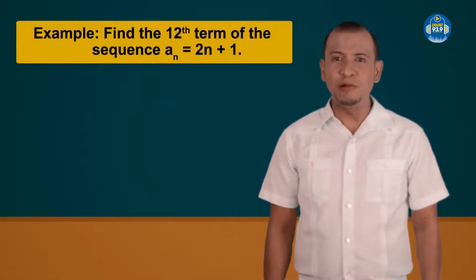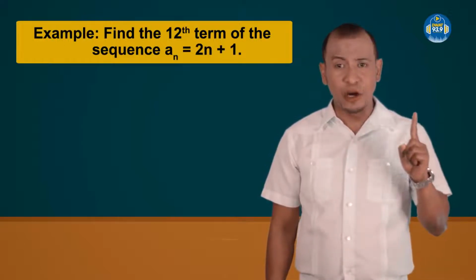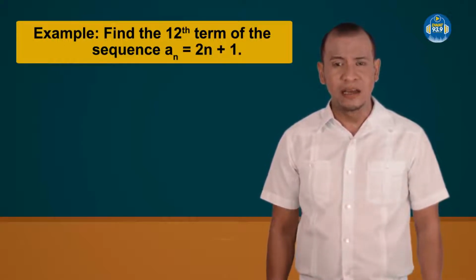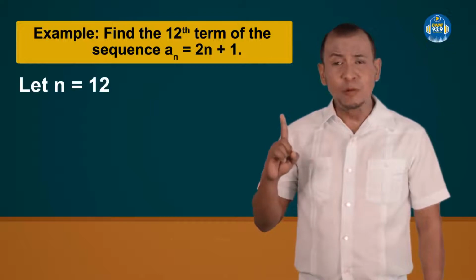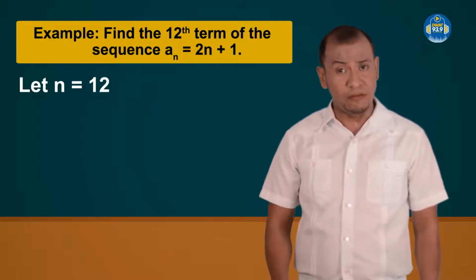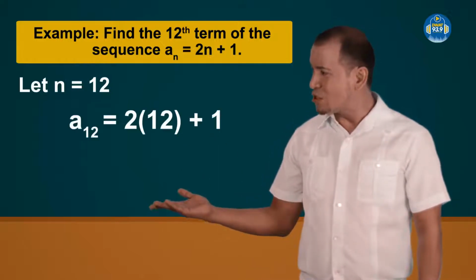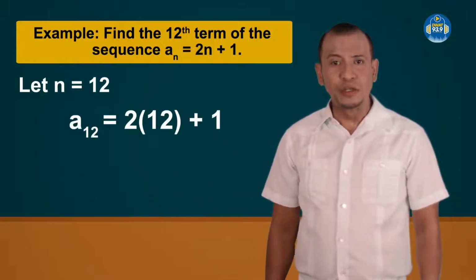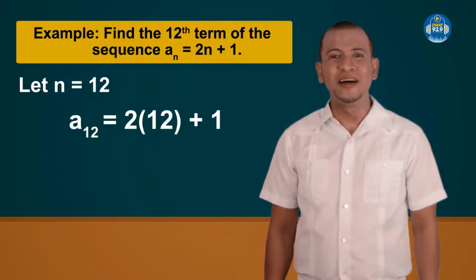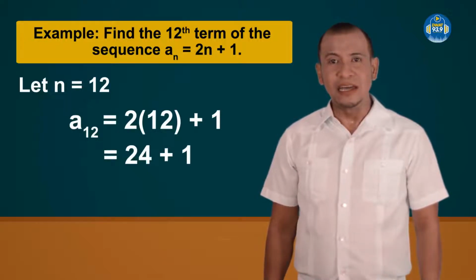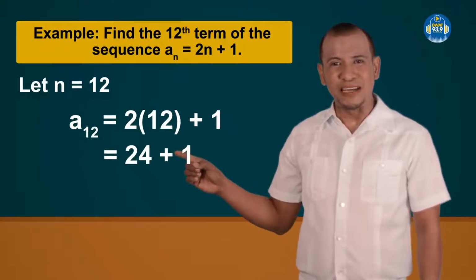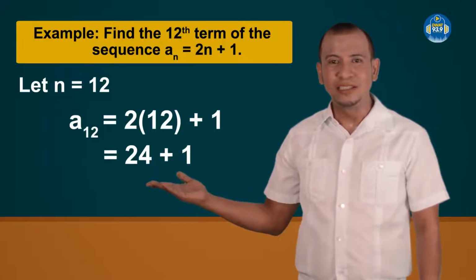What about if we will find the 12th term of the said sequence? So in this case, we have n that is equal to 12. We have, therefore, a sub 12 equals 2 times 12 plus 1 equals 24 plus 1, which is equal to 25.